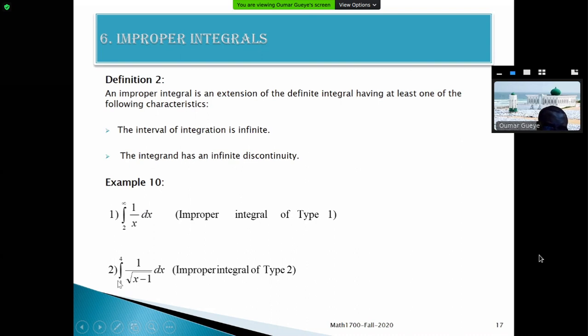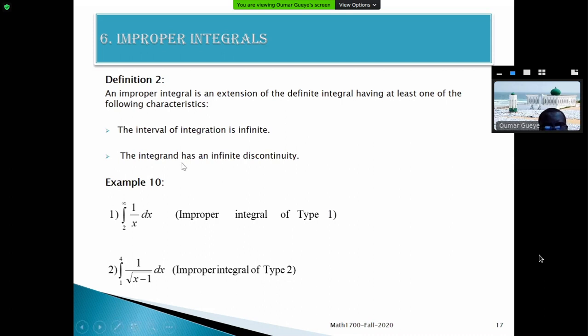But at the point 1, you can see the function is not defined, because when you substitute x by 1, you get 1 over 0. And in this case, the function is undefined. And if the function is undefined, it's for sure discontinuous. Okay, and this is the situation that I call improper integral of type 2.